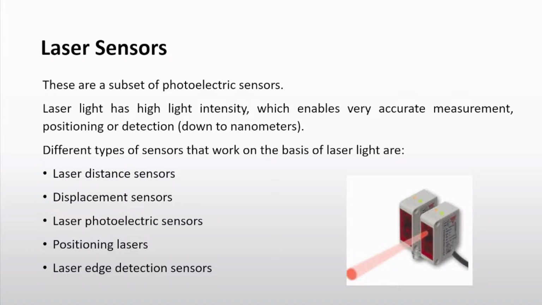These laser sensors are normally used as laser distance sensors, laser displacement sensors, laser photoelectric sensors, positioning lasers, and laser edge detection sensors. Every sensor that uses a laser is called a laser sensor.